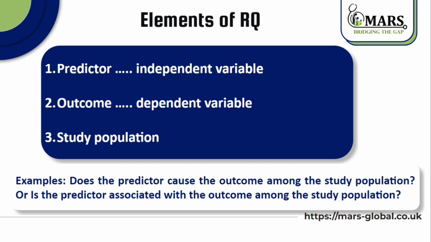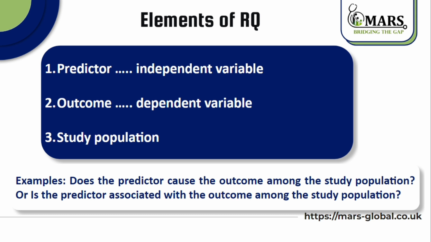So let's take a look at these examples. The first one says, does the predictor cause the outcome among the study population? So that's what I meant at the beginning. The predictor is trying to evaluate the effect on a specific outcome among what?